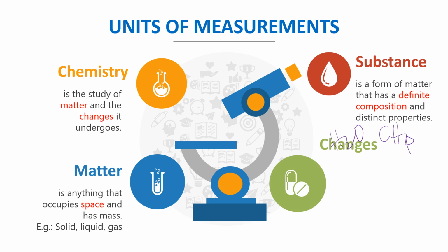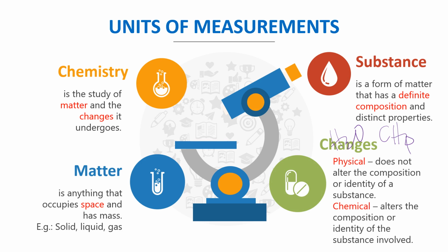The changes that happen in a reaction can be physical changes or chemical changes. A physical change does not alter the composition or identity of a substance. Let's say you want to change ice to liquid water, or liquid water to ice. It only happens on the physical aspect.